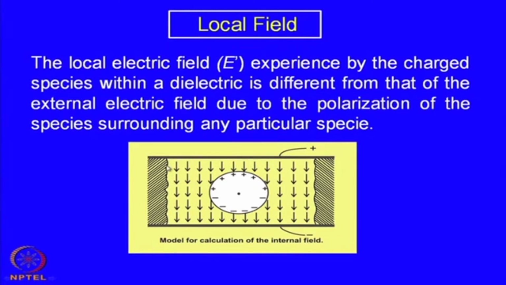So, this is once again a parallel plate capacitor. These are the two electrodes, one positively charged and another negatively charged, and we are applying a field E. Now, inside the material, what a particular charge species experiences is not exactly equal to E, it is actually E prime, which is slightly different from what we measure from outside. So, that also has to be considered while we are talking about what is happening inside the material.